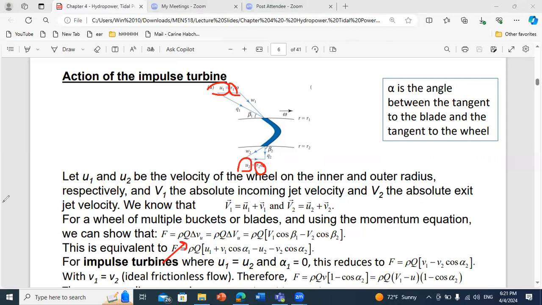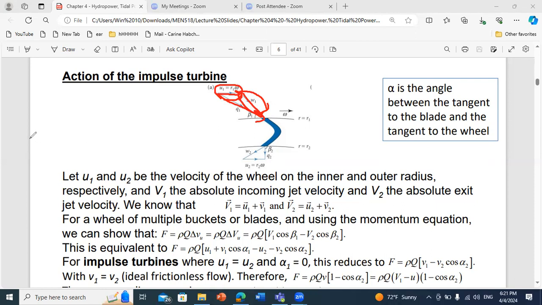If you look at your figure, the total velocity is decomposed into two components, the velocity of the blade and the relative velocity. So when you project Q1, it's equivalent to the projection of the blade velocity plus the projection of the velocity of water relative to the blade.